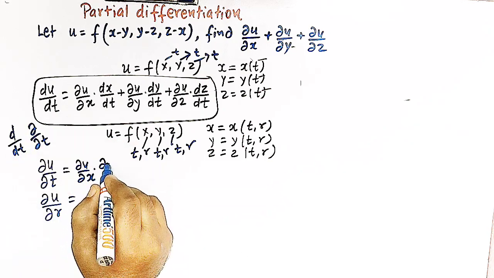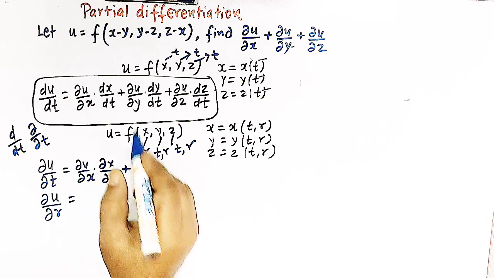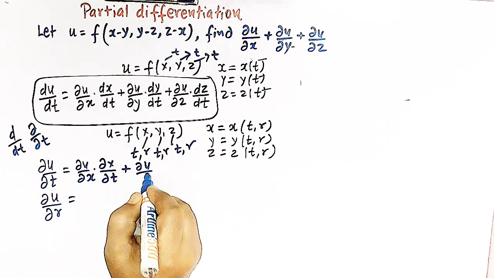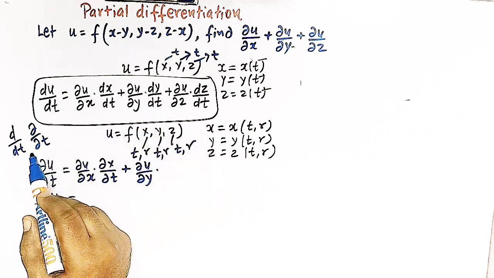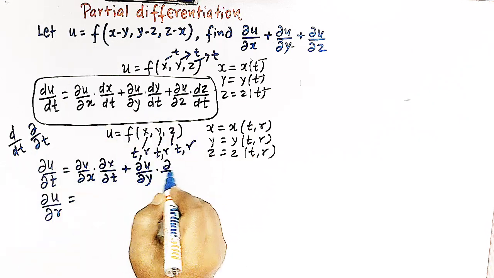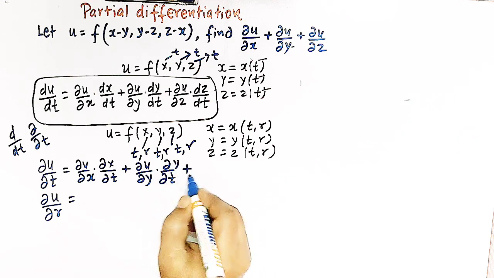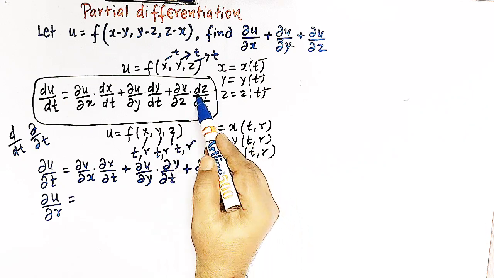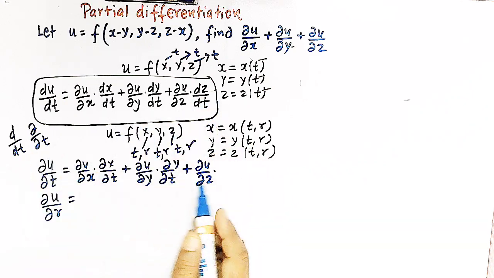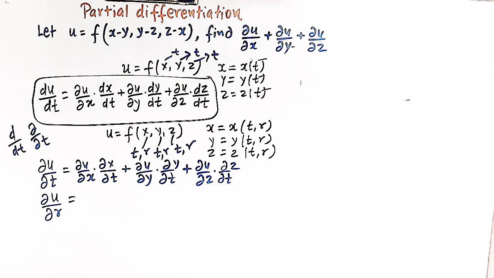So here we have del x over del t, and similarly here we have del u over del y, and here again d by dt should be replaced by del over del t. Here we have y, and then we have del u over del z, and here again d by dt is replaced by del over del t, and here we have z, right?